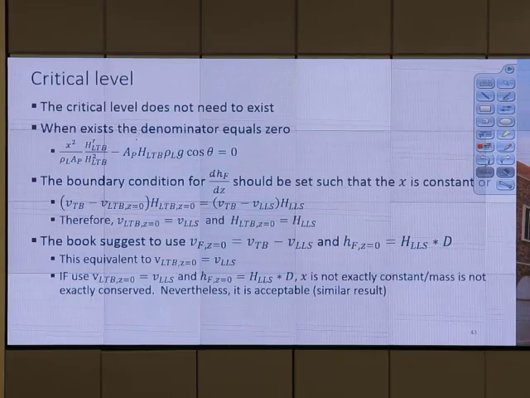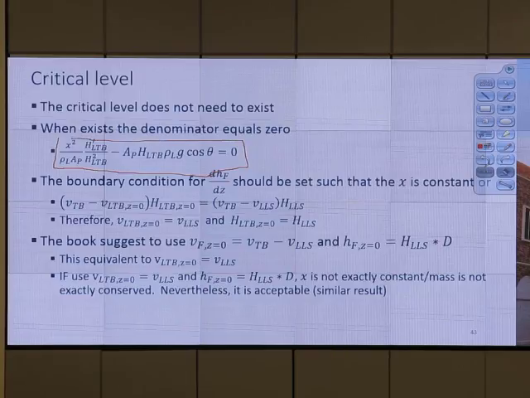Next one is critical level. Critical level, we do that by setting the denominator equal to 0 and solving it numerically. George or Demo, how do we solve this equation numerically? Tope, how do we solve it?